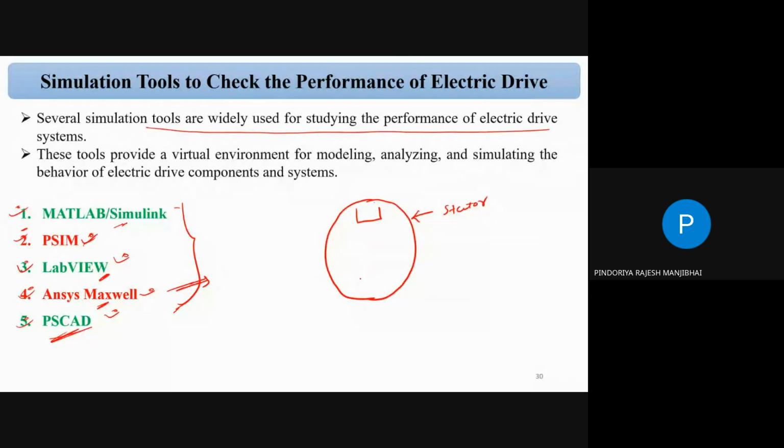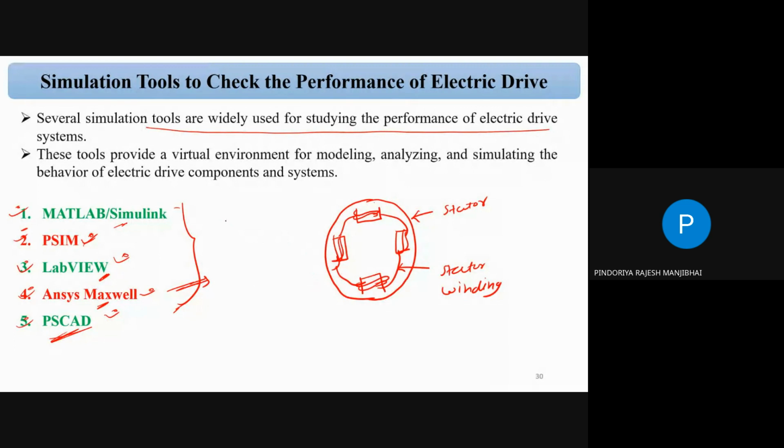Here is one slot, here is another slot, another slot, and another slot. And we have a winding. Every slot has a winding, and every slot is connected to each other, correct? So this is simple. We can say stator, and stator has a stator winding.